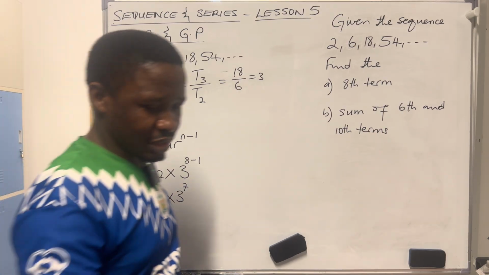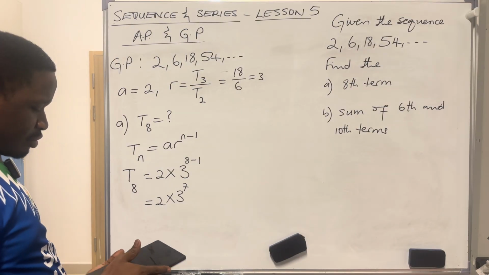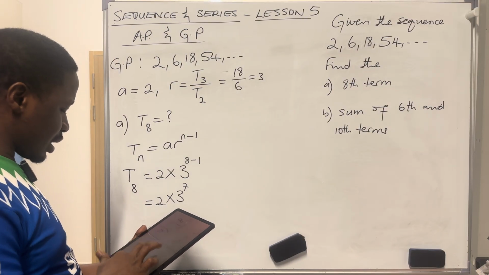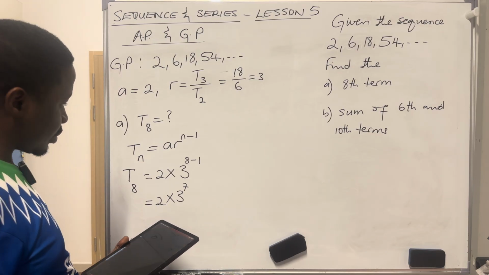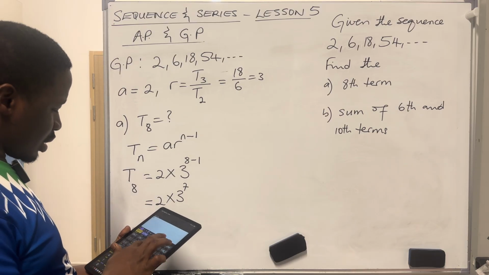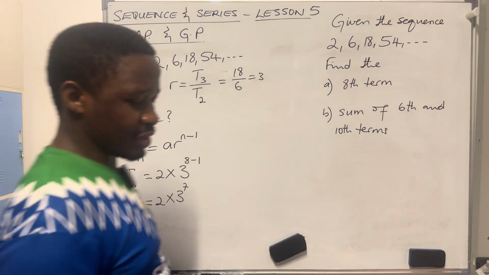So let's see what the calculator gives for 3 to the power 7. 3 to the power 7 is 2187.